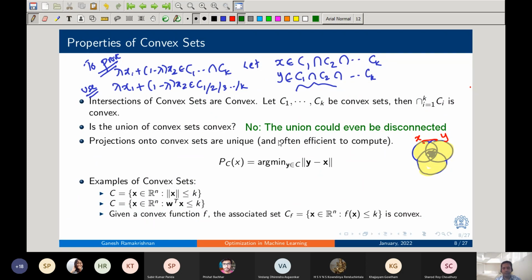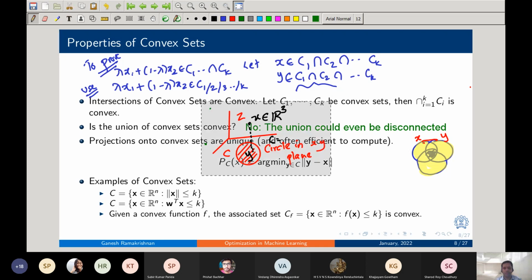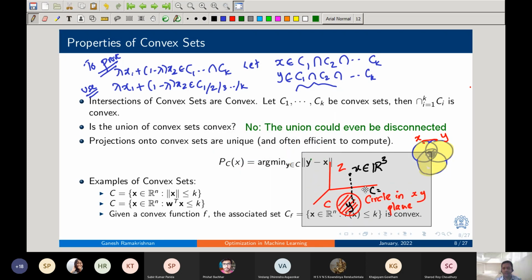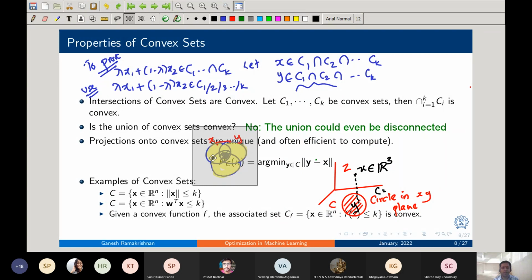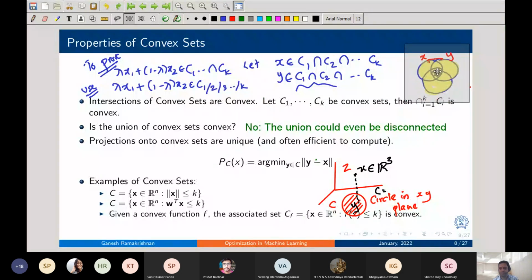Okay, let me try and illustrate this with a simple example. Let's say you have this case, right? What you see here are a set C, this is in red. You have a point X, which is in R3. Now imagine that this point was obtained using some update rule, right?